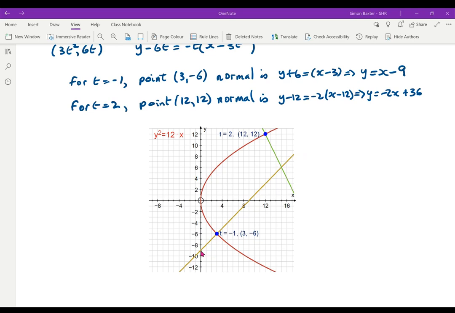Not bad. And at the other point, when t is 2, we have the point 12, 12. And here we have the line y equals minus 2x plus 36. Minus 2 is pretty steep down there, and if your imagination is good enough, you'll probably believe that it will go through 36 on the y-axis.